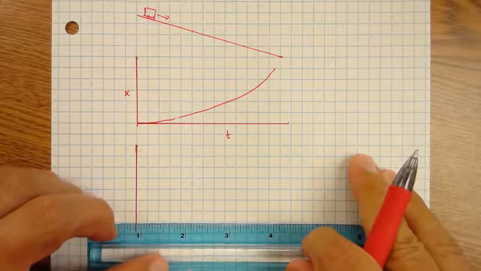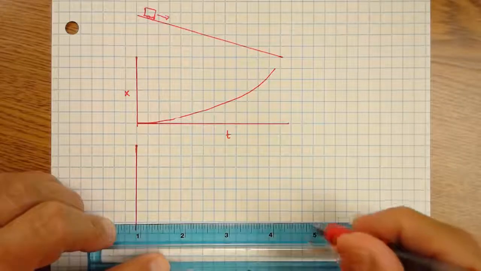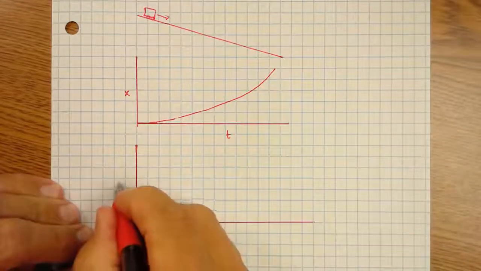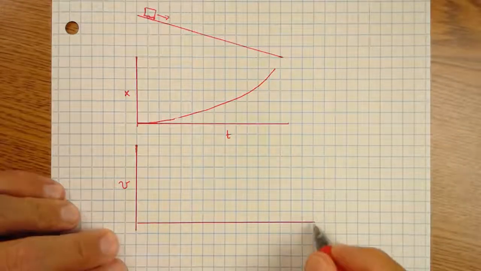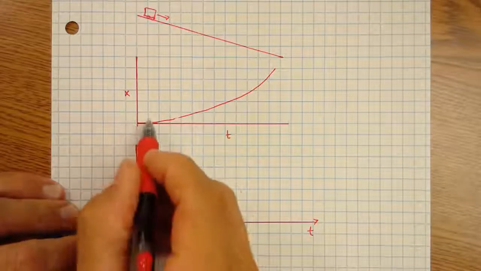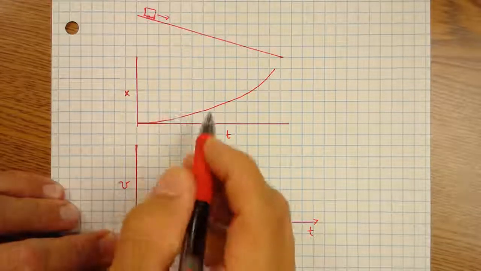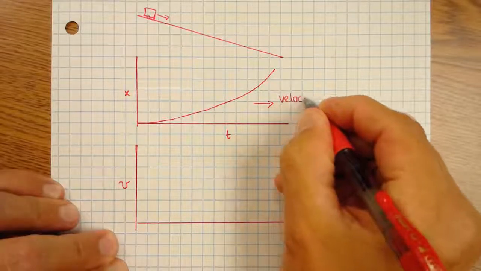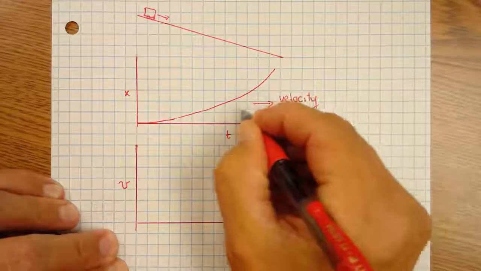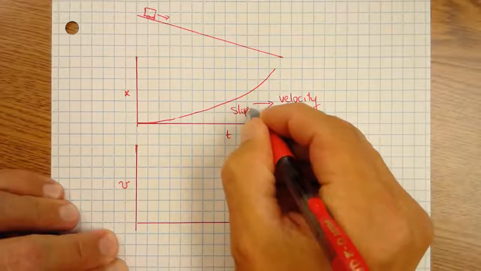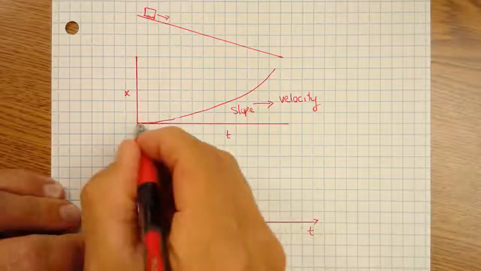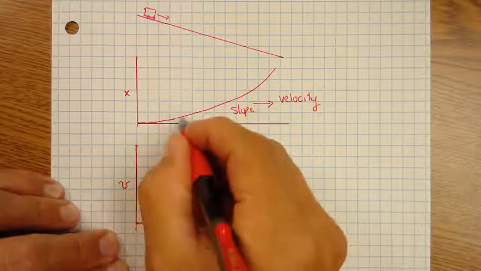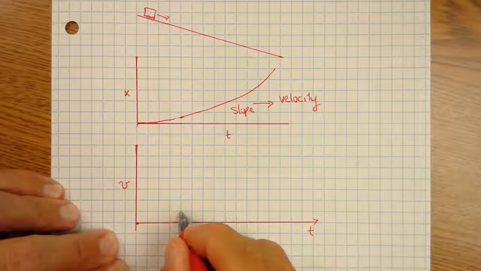If you were to plot the velocity versus time for that cart rolling down a ramp, what would it look like? So this is going to be the velocity versus time. And remember, if we plot position versus time, the slope is the velocity, right? The slope gives you the velocity. So right here the slope is 0. Right here, let's say the slope is 1.